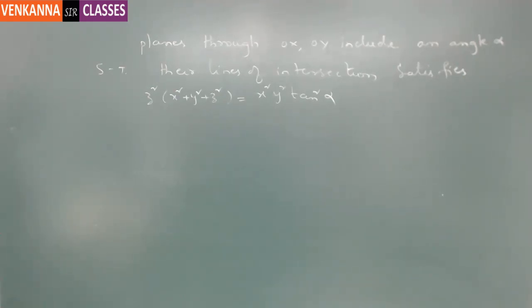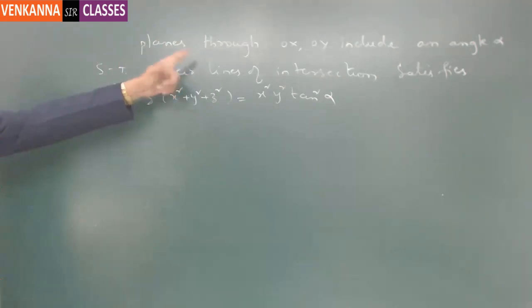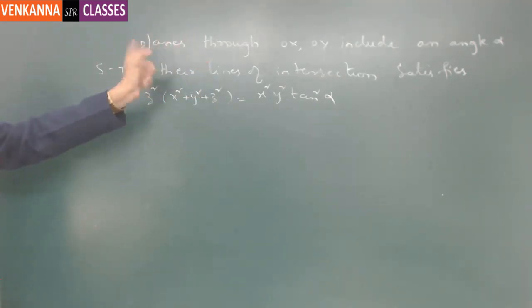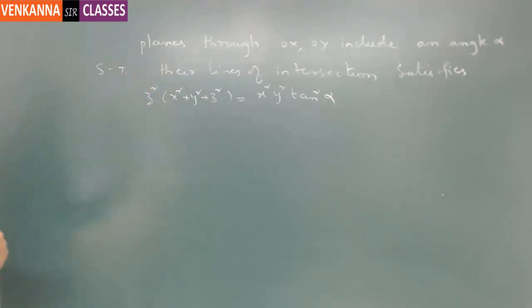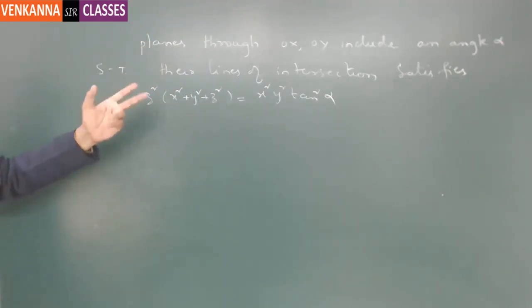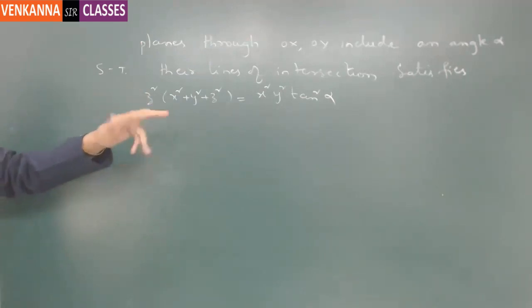Here, if you observe, the planes through OX and OY include an angle alpha. OX is the x-axis, OY is the y-axis. So you are considering a plane passing through the x-axis and a plane passing through the y-axis. It is mentioned that those planes contain an angle between them.